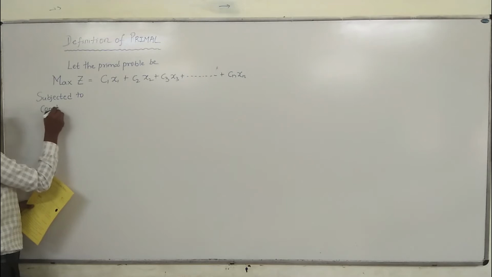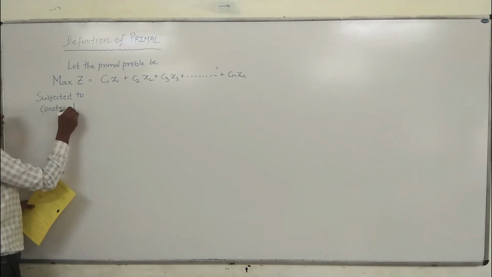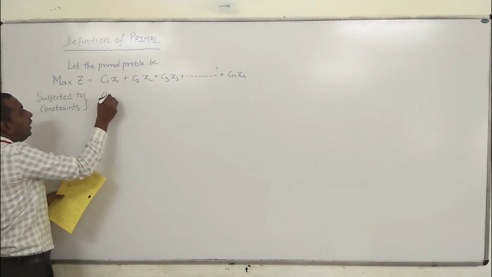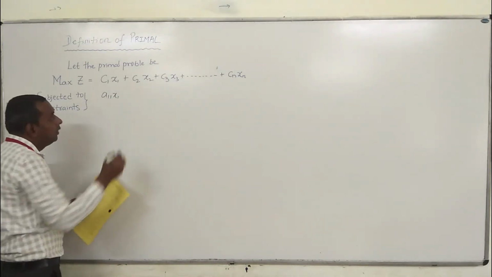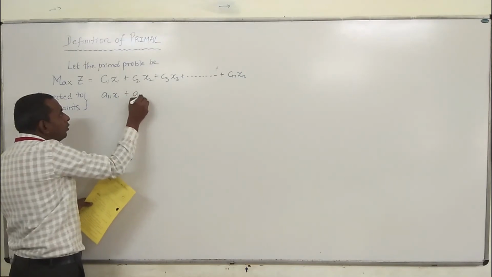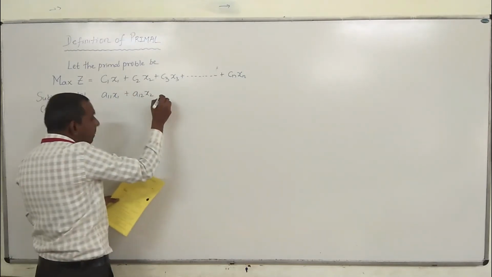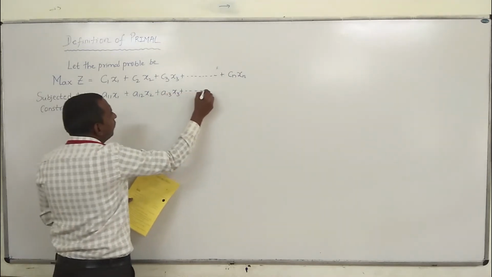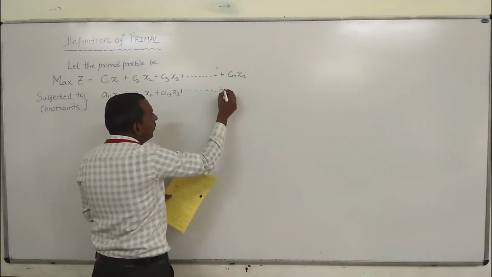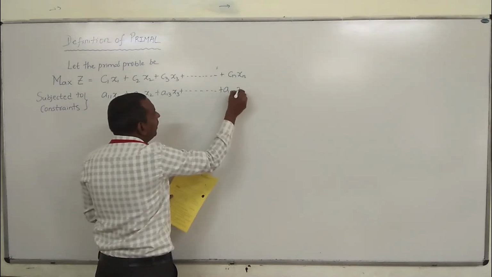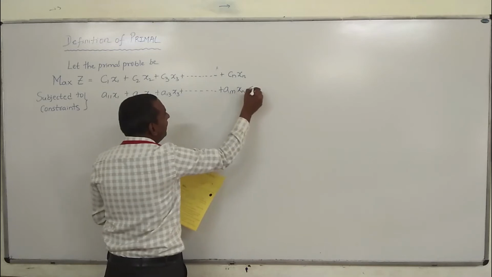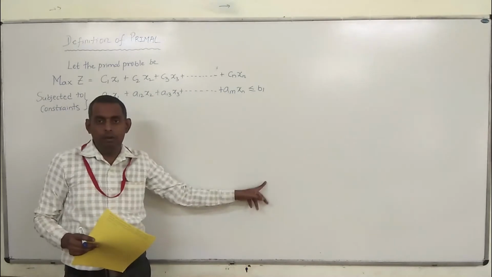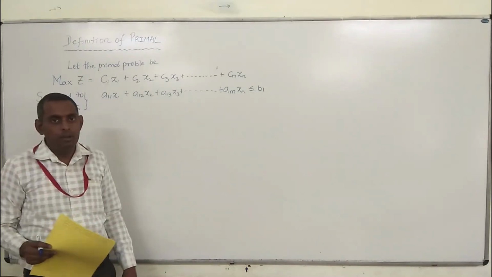Constraints: a11 x1 plus a12 x2 plus a13 x3 and so on, plus a1n xn less than or equal to b1. These are all basic variables.